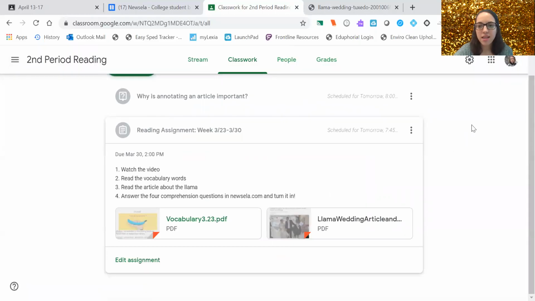the next thing I'm going to have you do is, you have 2 ways that you can read this article. The first way is the way that I really want you to do it and turn it in, so I'm going to go over that first. But there is a second way if you just cannot figure it out.